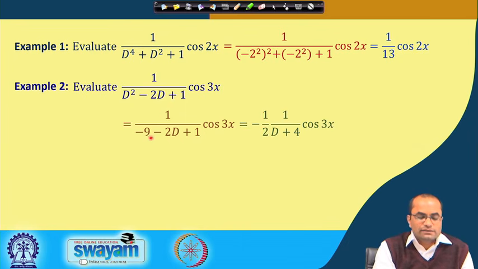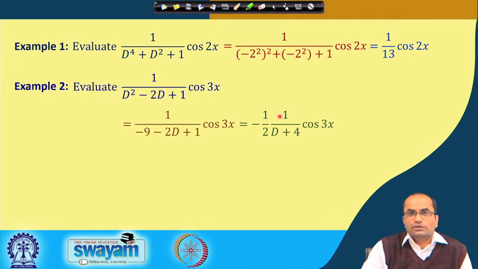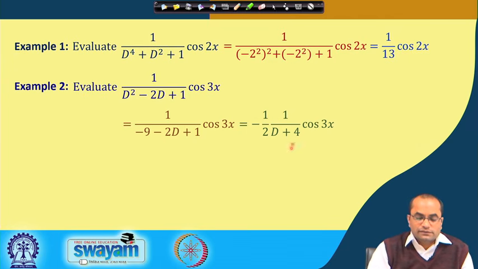So, we have minus this half here because this is minus 8 and minus 2d, which can be written as minus half, and then this d plus 4 form. So, 1 over d plus 4 on this cos 3x, and now we can either use the formula which was derived for the general case in the form of integral, or there is another trick which can be used here.